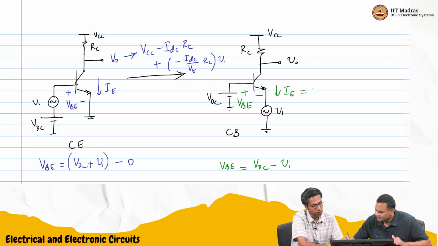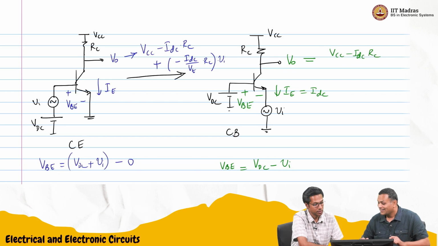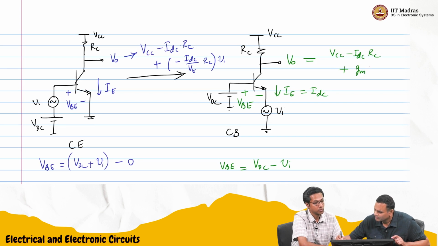And the voltage here, V0, will become VCC minus IDC RC, except now I have minus VI instead of plus VI. So now I should expect plus GMRC times VI.